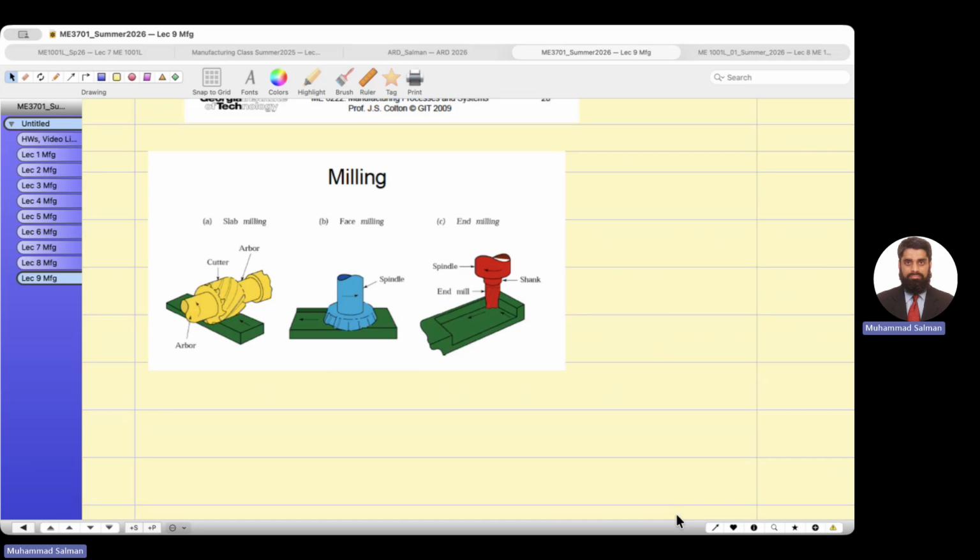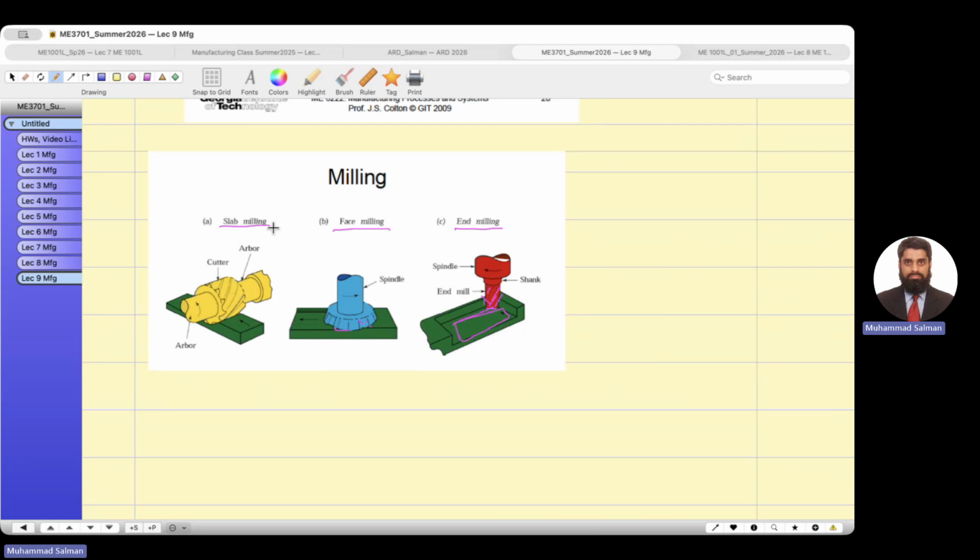So this is the end mill. It has the cutting edges on the face as well as on the circumference, like a drill bit. So you can cut a rectangular piece from it. And the face milling here, it has all the cutting edges on the face as well as on the sides.